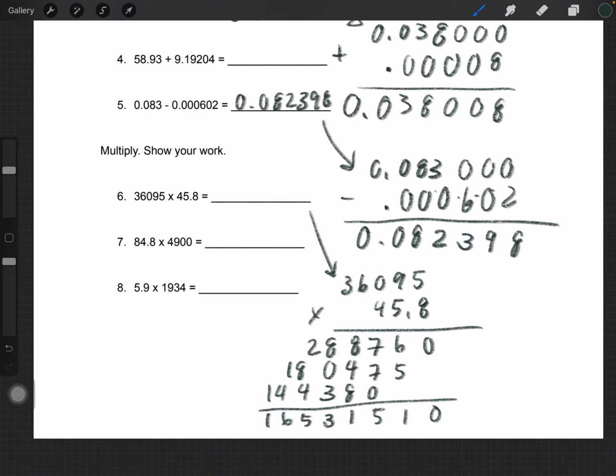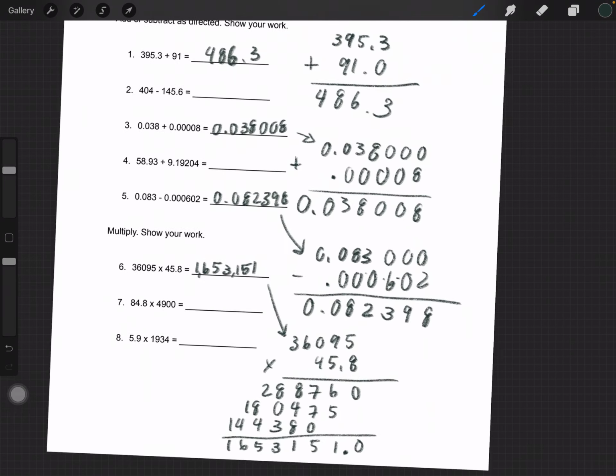Okay, so I multiplied it all out, and I have one decimal point right here, so you move it right here. So the answer is, I believe, 1,653,151. Comma there, comma there.